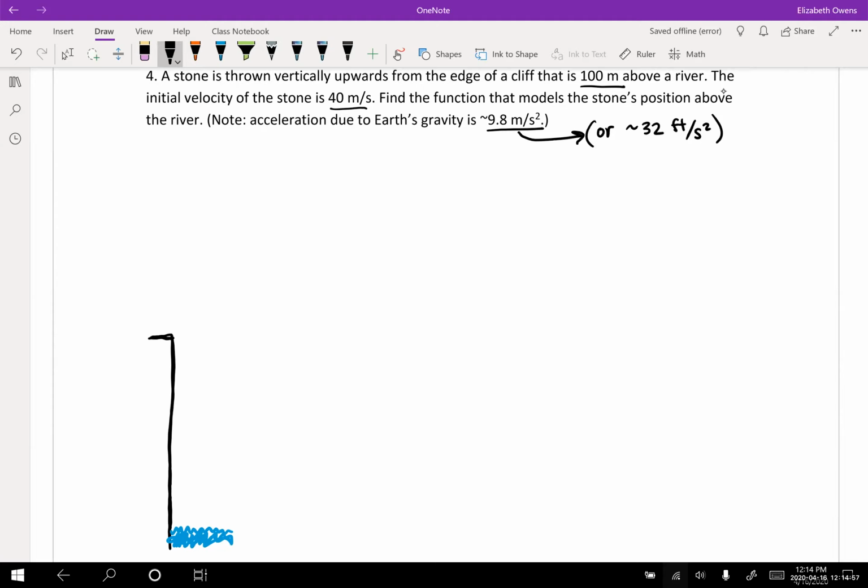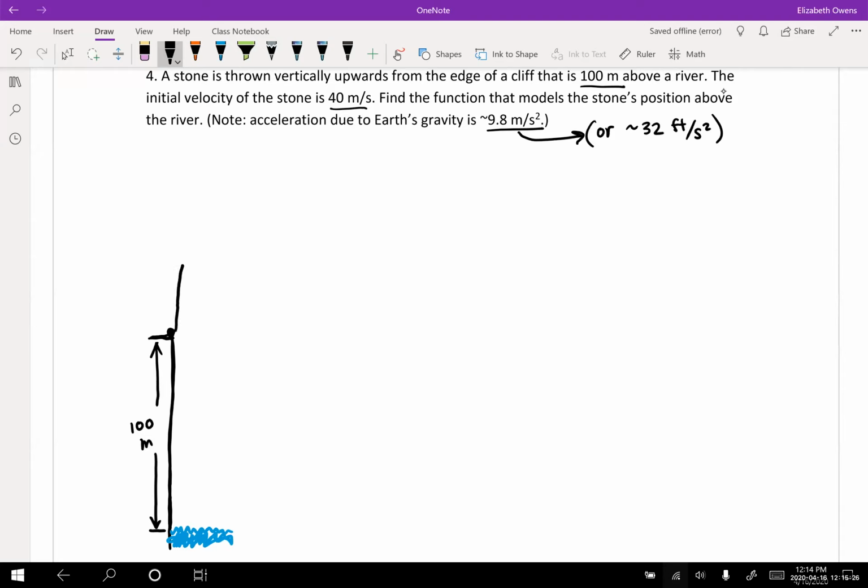So we are told that a stone is being thrown vertically upwards from the edge of this cliff, and it is 100 meters above the river. So 100 meters from the top of the cliff to the surface of the river. And here's our little guy or gal or whatever, something is throwing a stone upwards from the edge of the cliff here.